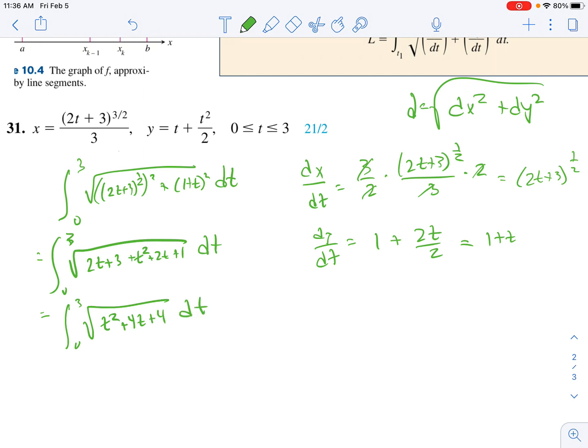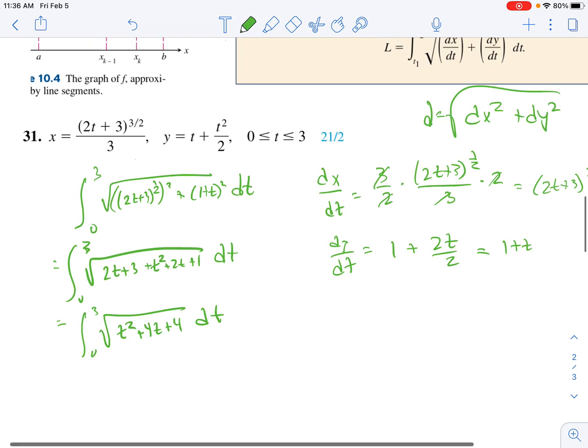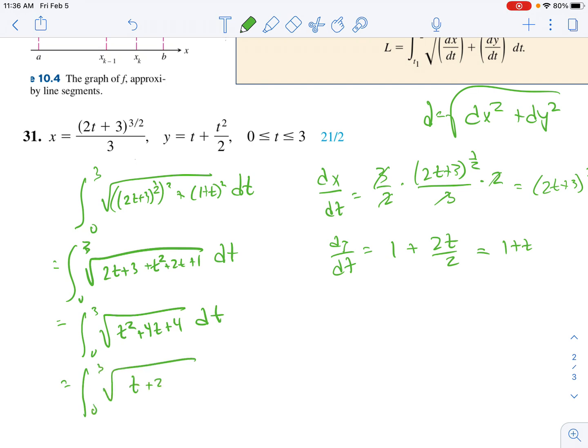And so either we're going to use a calculator for this, or it can be integrated on its own. If you look at that, you could write it as the square root of (t plus 2) quantity squared dt. I think that works out right.